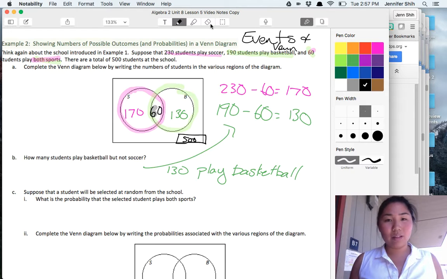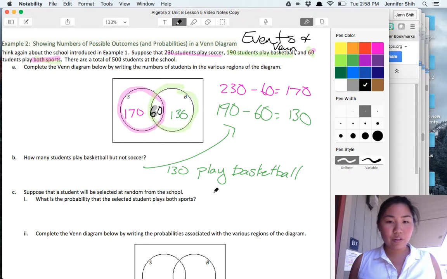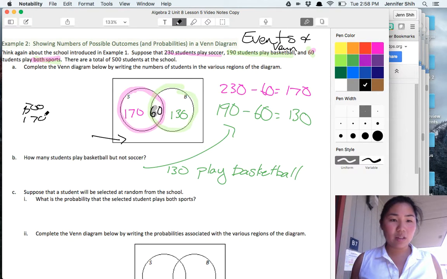Oh, sorry, that's not 500 in that area. To find out this area, we have 500 students, but then we have to subtract the 170, the 60, and the 130.